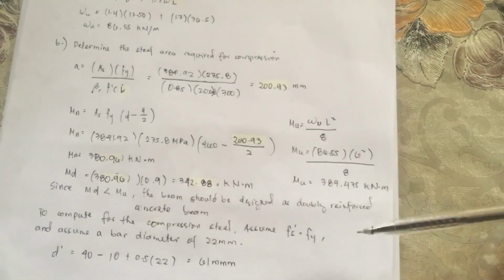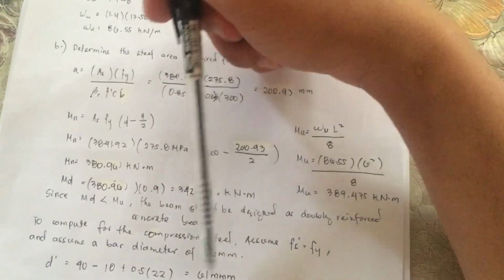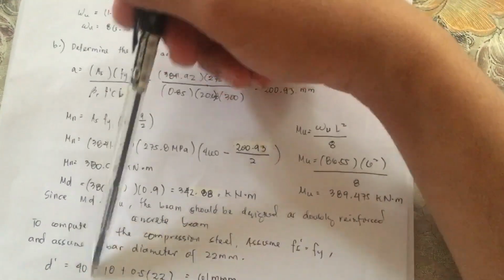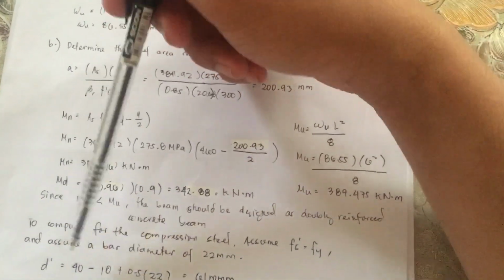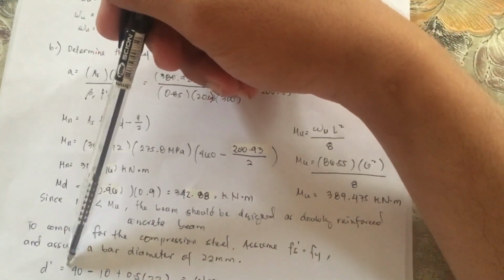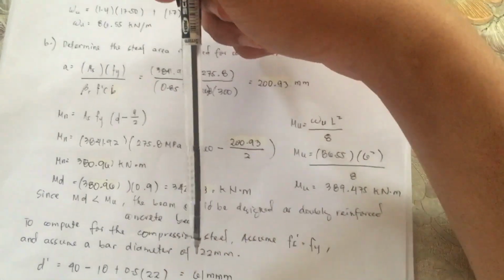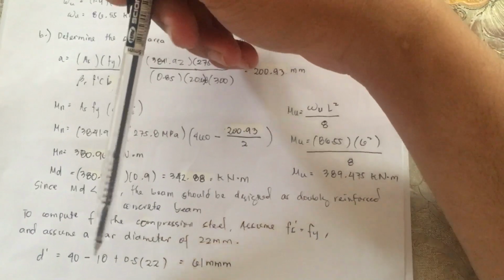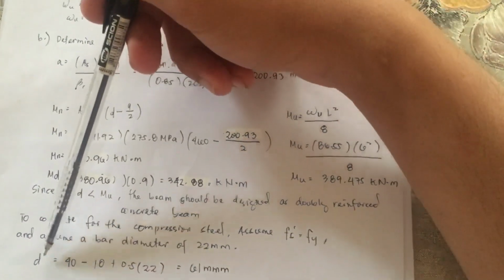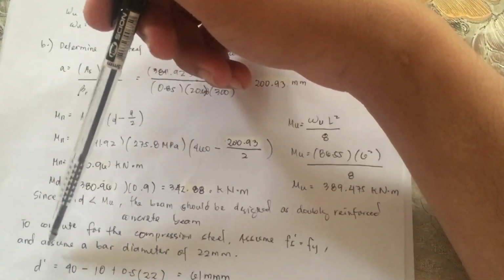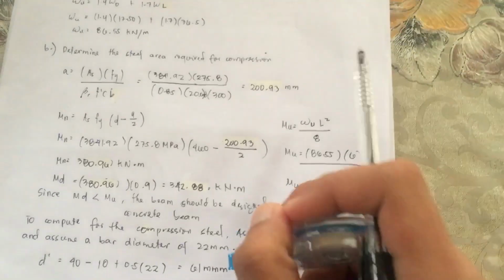First, let's find the value of d prime, which is equal to 40, the covering of the stirrups, plus the 10 mm. Let's assume a 10 mm diameter for the stirrups and 22 mm for the longitudinal bar, and we get d prime equal to 61 mm.